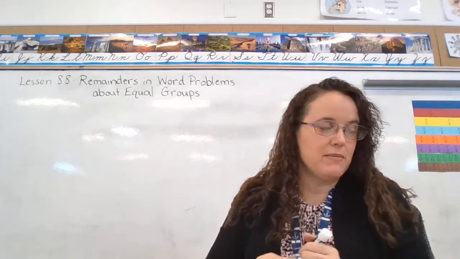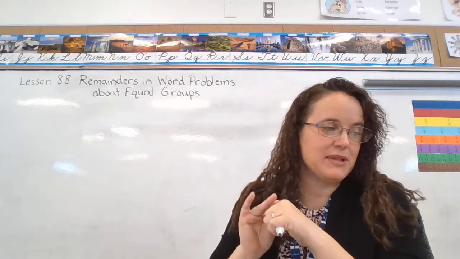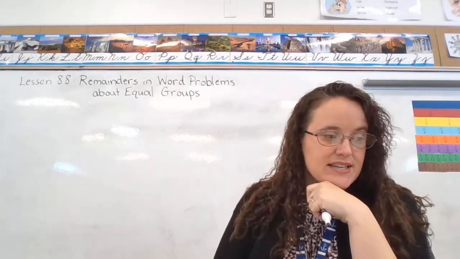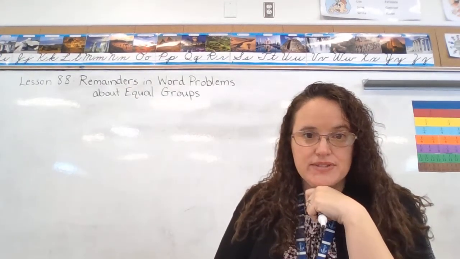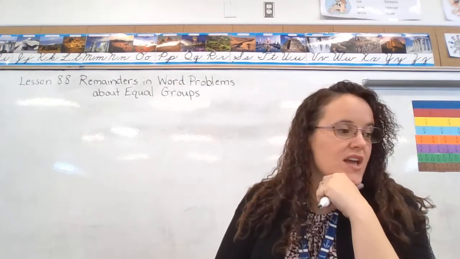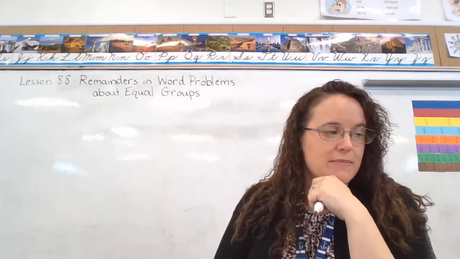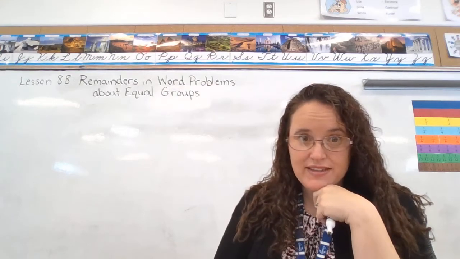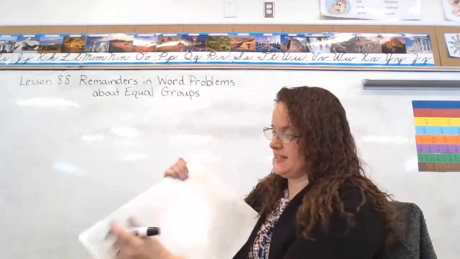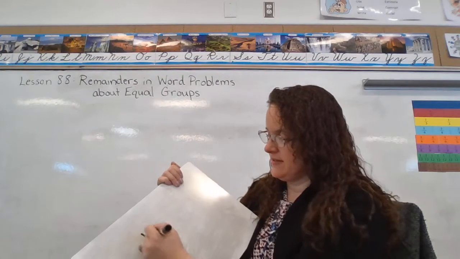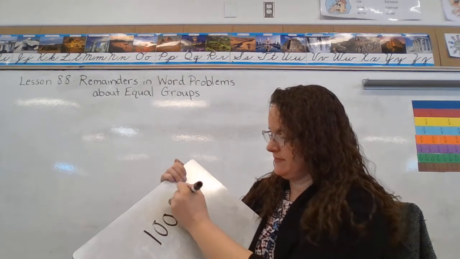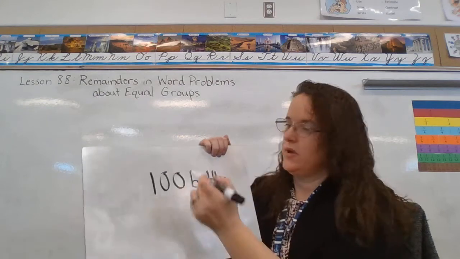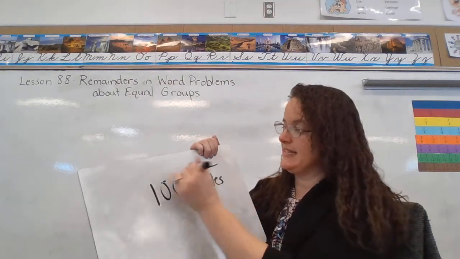In this problem, Lily needs to place 100 bottles into boxes that hold 6 bottles each. The first question says, how many boxes can be filled? We're going to have to do some math to figure that out. She has 100 bottles. Her boxes can hold 6 bottles.